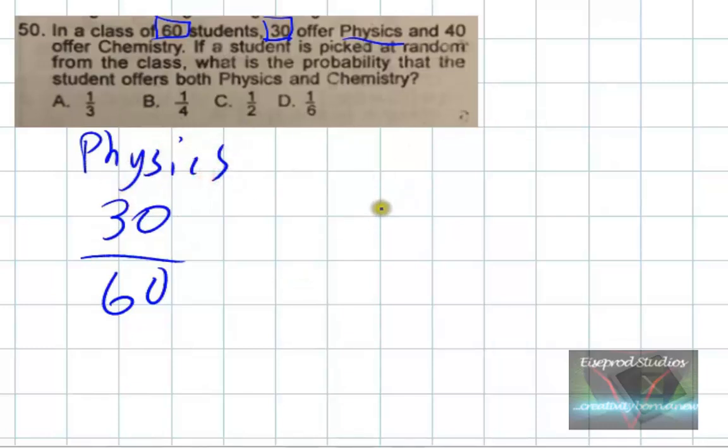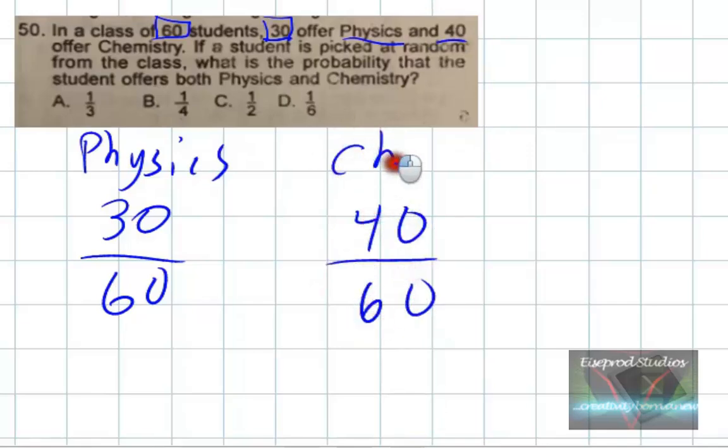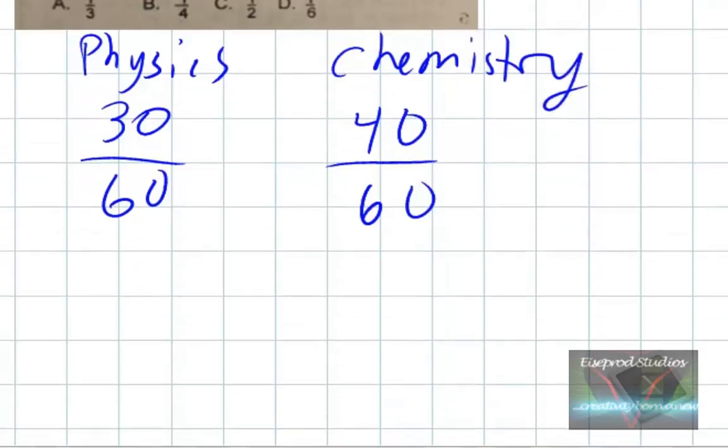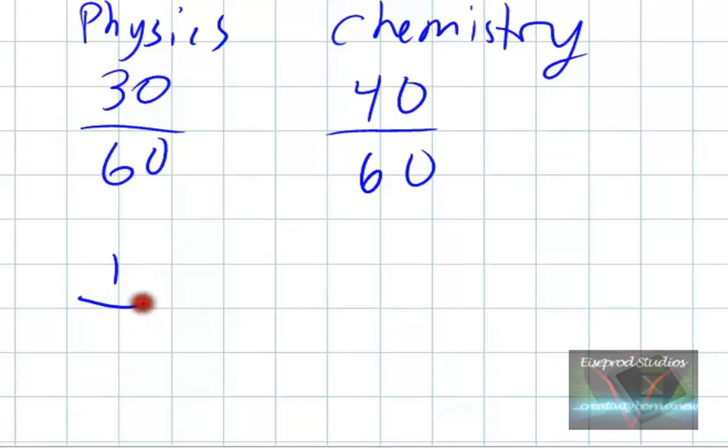And for chemistry, they said that there was going to be 40. So this is chemistry. We can simplify both of these. So 30 out of 60 is just 1/2. And 40 out of 60 can be reduced by dividing both of these by 2.